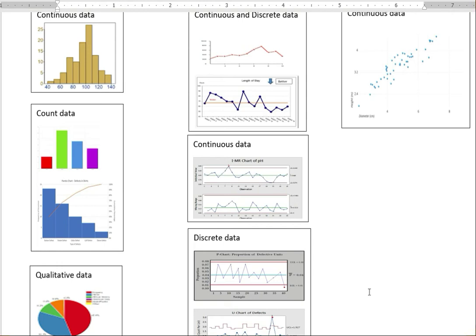But the problem is we cannot use control chart for all time series data. If the number of data is less than 12, I mean if the sample size is less than 12, we cannot use control chart. Control chart is only for more than 12 sample size. This is the rule from statistics. So in that scenario, if you want to present six data or five data or even nine data, we can go with the run chart.